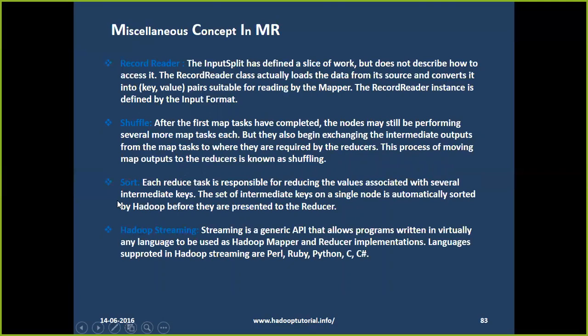So till now we have seen all our MapReduce programs written in Java. Okay. So you can write your MapReduce programs using C, C#, Perl, Python, Ruby, even in Linux shell script also. You can write your map logic and your reduce logic in those languages as well.